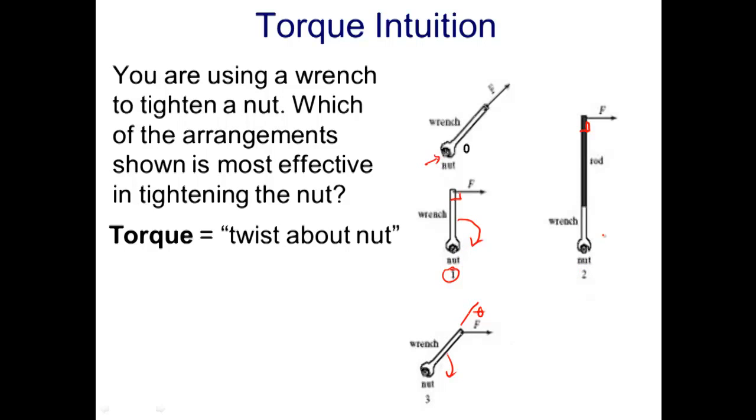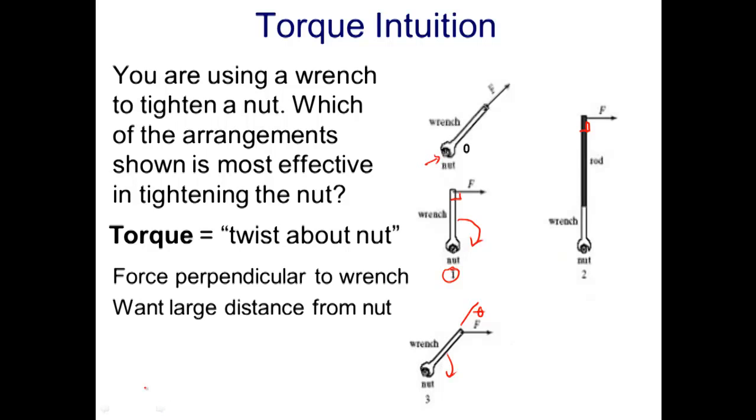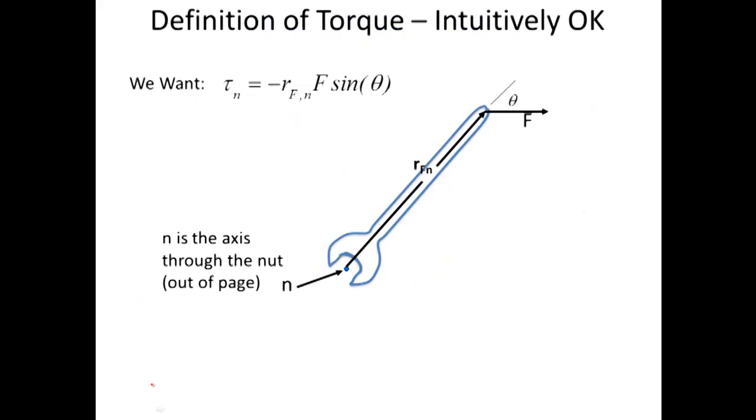So this case here is the best. And what we've learned is two things: to get lots of torque, we want first to have the force be perpendicular to the wrench, and second, we want the force to act not at the point where we want to turn about, but as far as possible from it, so that we get the most leverage.